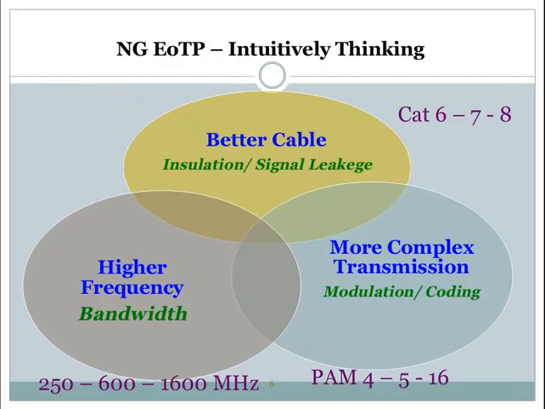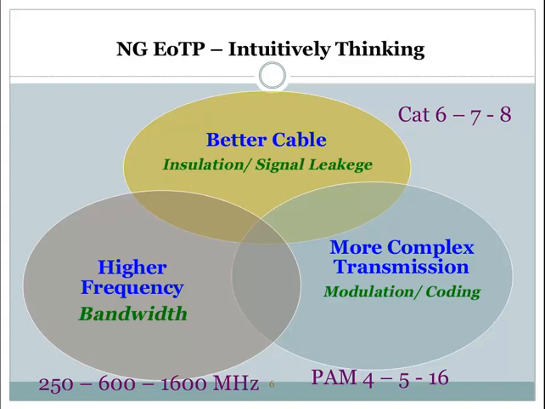So in the past, there were a few very straightforward approaches to push forward the evolution of Ethernet transmission. For the first one, we always want better cable. During manufacture, we always want to use more insulation to prevent signal leakage. Another approach is to use higher frequency to transmit the signal, which means we can use more bandwidth.